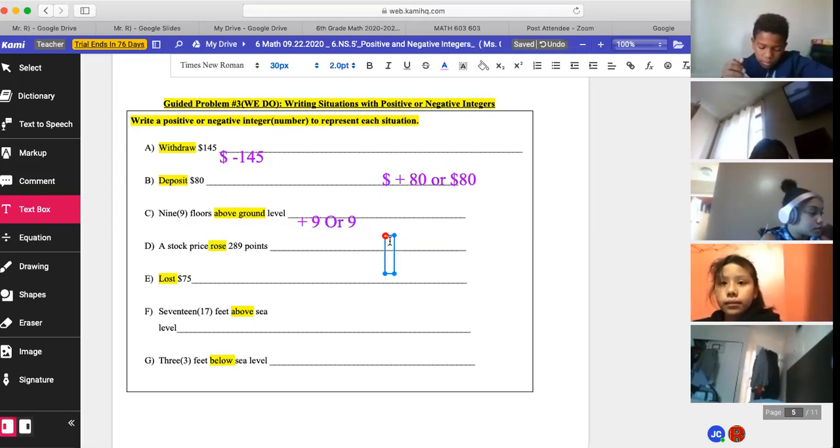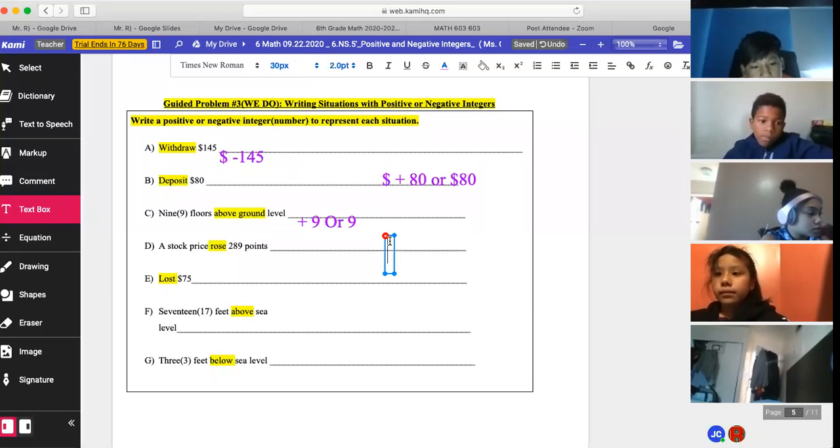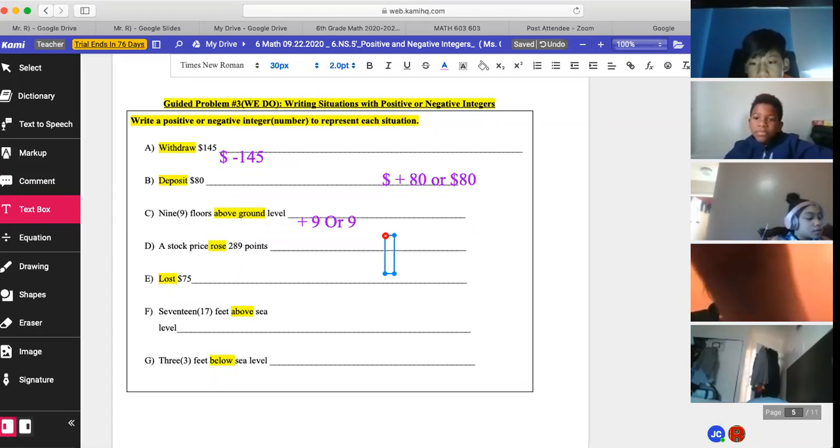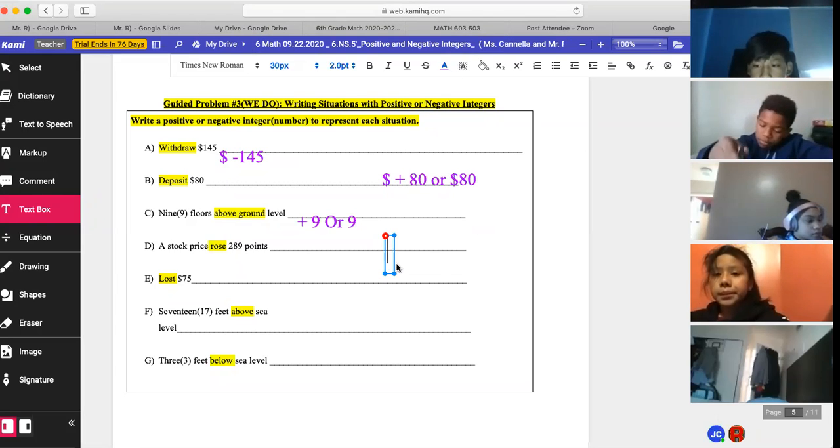Angie, a stock price rose. Negative? Think about it. If I tell you, hey, you rose to the seventh grade, you're approaching the seventh grade, right? When something grows, it rose, it goes up, right?